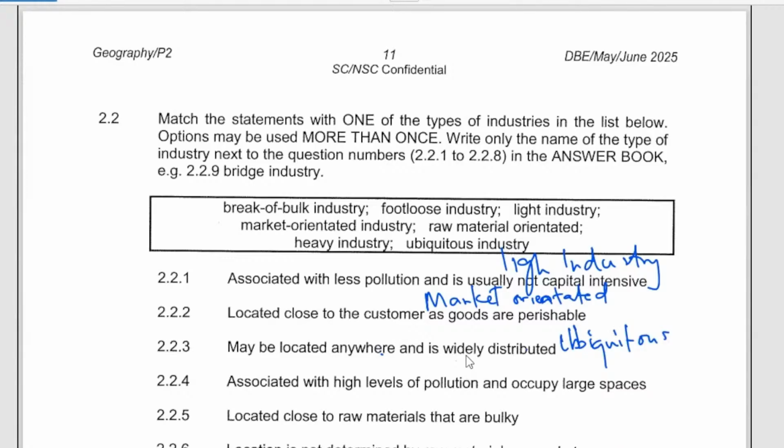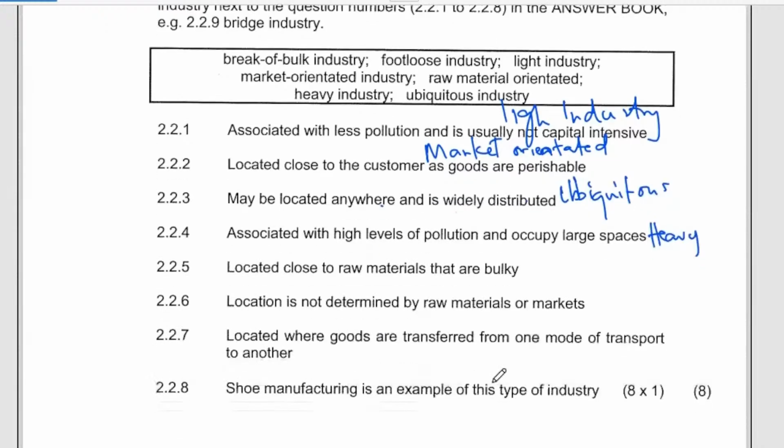Then associated with high levels of pollution and occupying large spaces, that is a heavy industry. Located close to raw materials that are bulky, we have raw material oriented, for example our sugar manufacturing plant. Location is not determined by raw materials or markets, that is footloose.